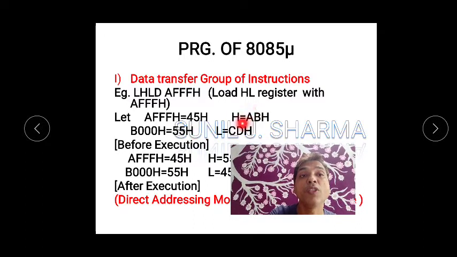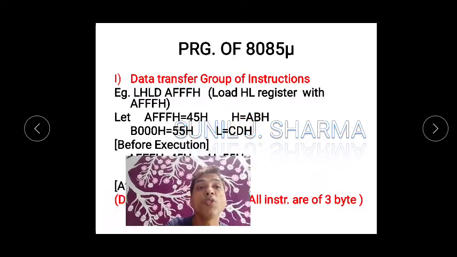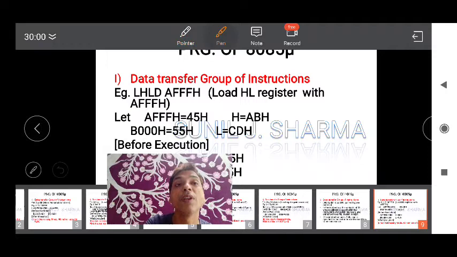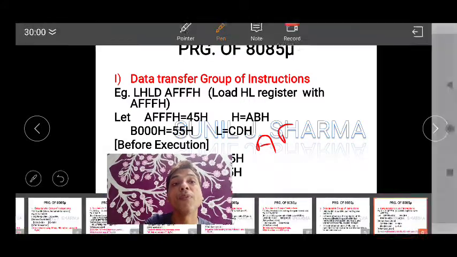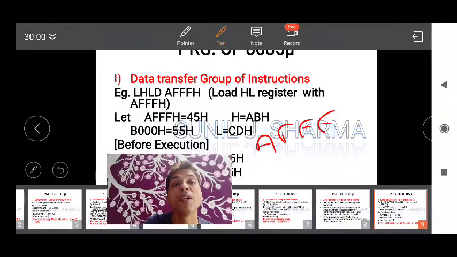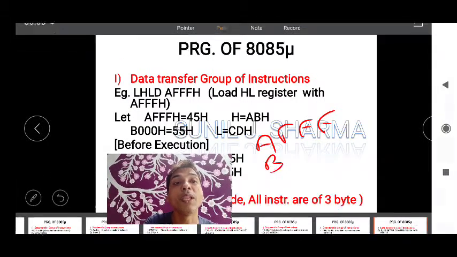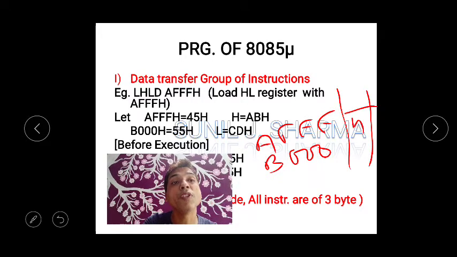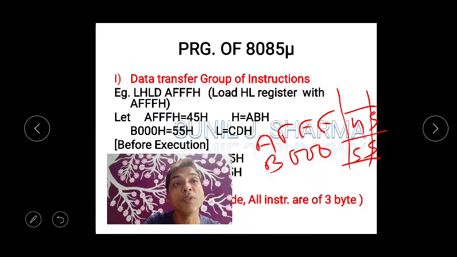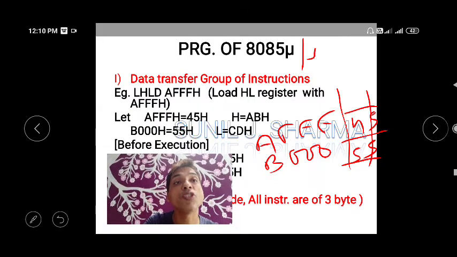If I show you the diagrammatic view, just wait. AFFF is storing 45 and B000 is storing 55. Remember that we also have this HL pair.